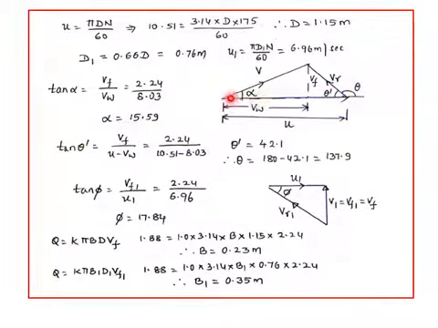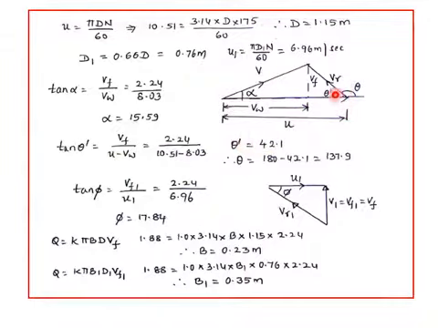So now what you have to do is, if you know velocity V, take the components Vf and Vw. Therefore tan alpha is equal to Vf by Vw by this triangle. So now you can calculate alpha as 15.6, and now tan theta dash is Vf by U minus Vw1. Earlier we used to write Vw minus U, but since U is greater than Vw, we write U minus Vw.